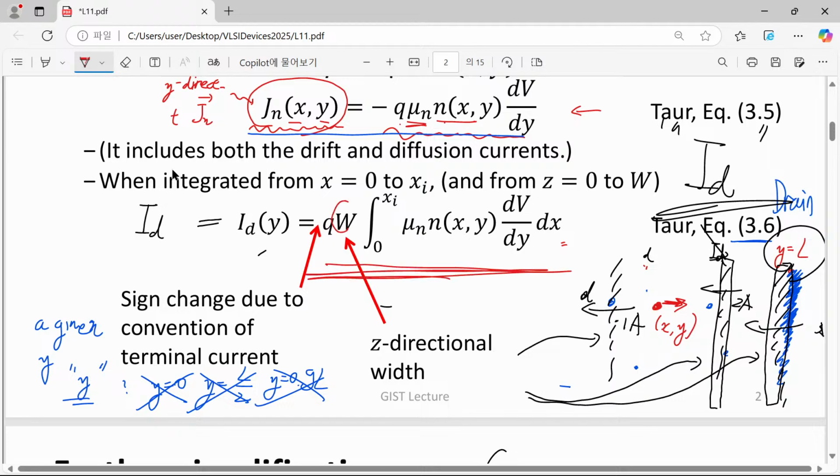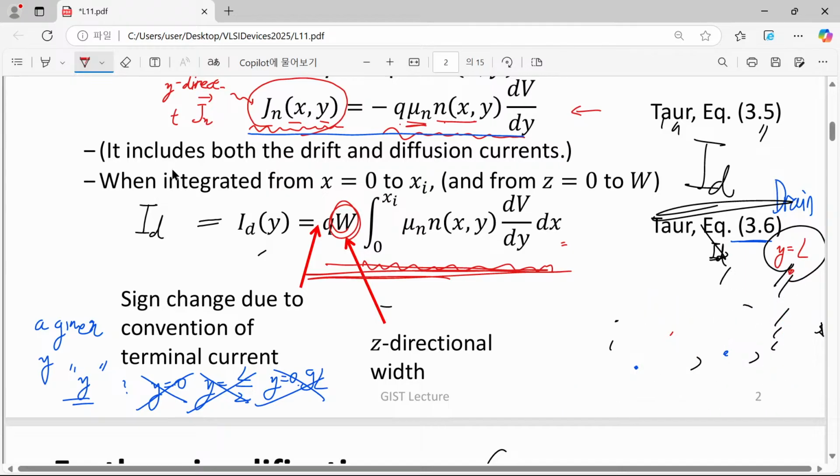We have a W factor here, but the W factor is just multiplied along the Z directional homogeneity, and now we have only X directional calculation. But fortunately, we can make even further simplification.